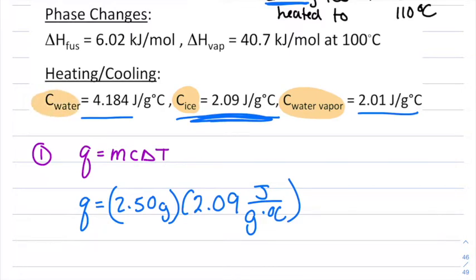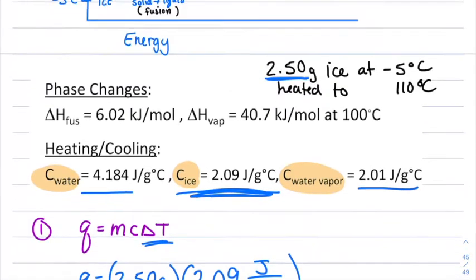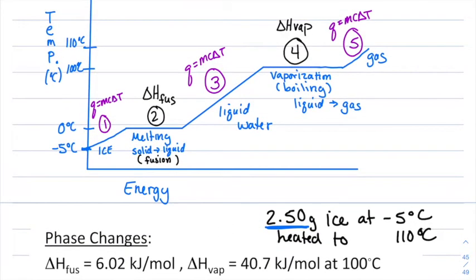All right, so next we need to do our change in temperature. What is the change in temperature for step 1 only? How much did the temperature change? Excellent, I'm seeing 5s. People have a tendency to want to do the entire temperature change and say it's 115 degrees.